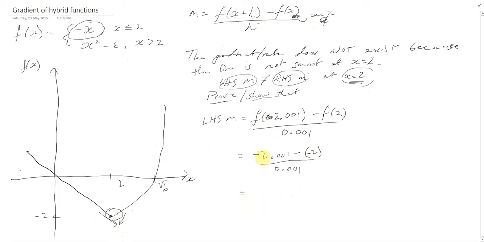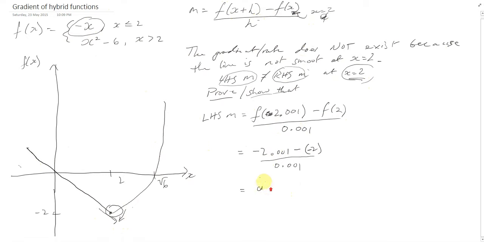Hopefully you can see that we've got minus 2.001, minus a minus 2, so that's a plus. So we're going to have negative 0.001 divided by 0.001, which is going to give us minus 1. So the left-hand side gradient equals minus 1.